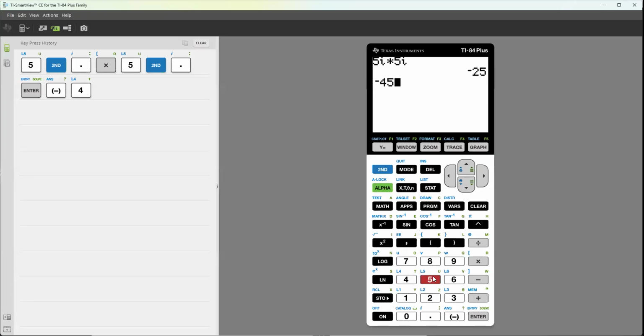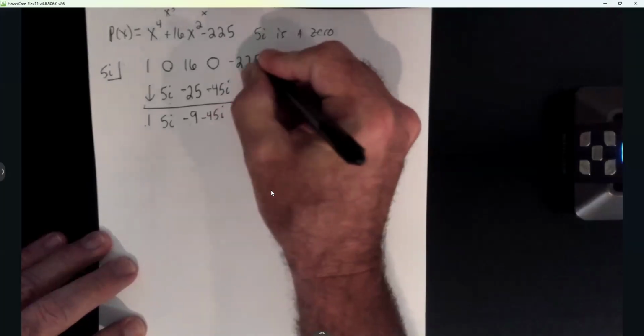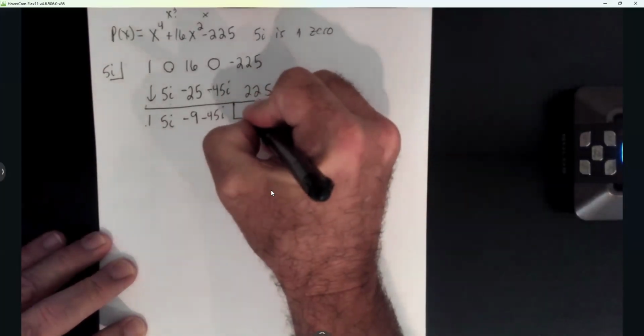Negative 45 second decimal times 5 second decimal for the i. Enter, I get 225. Well, guess what? Negative 225 plus 225 equals 0.